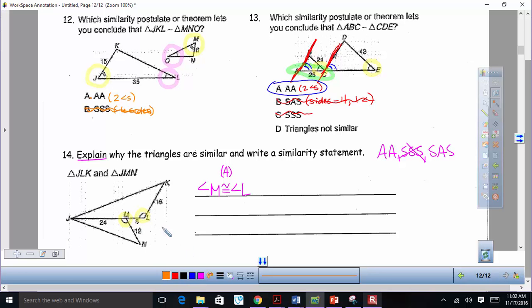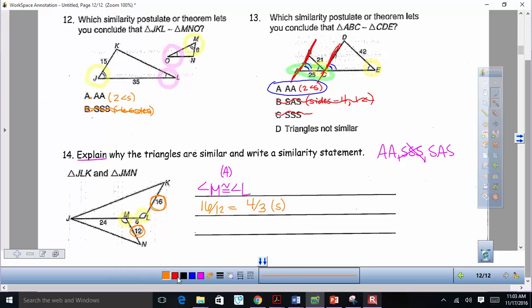Next, we're going to look at the ratio of a side. So what side corresponds with 16? 12. Okay? So we would do 16 is to 12. Okay, and 16 over 12 when we compare them reduces to 4 over 3. Okay, so there's one side.